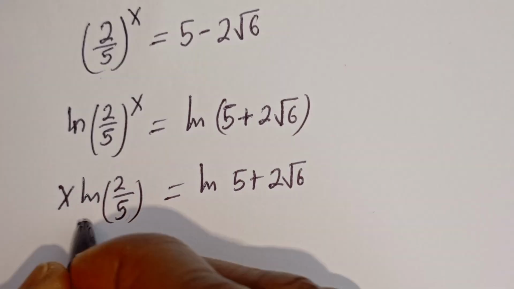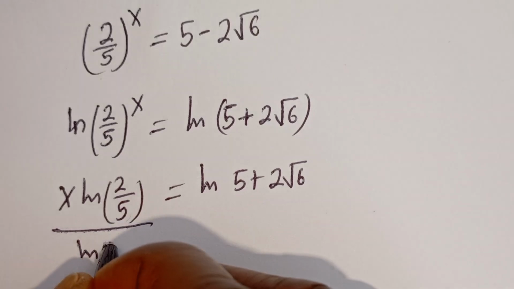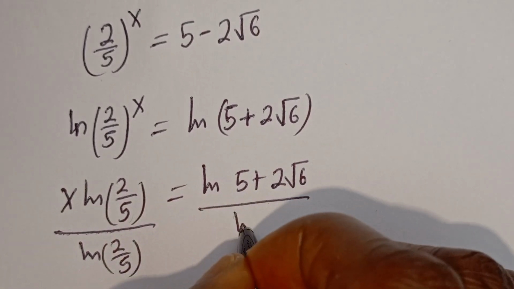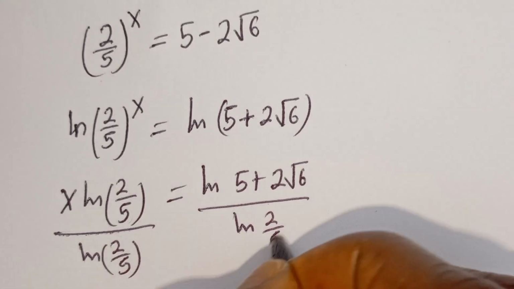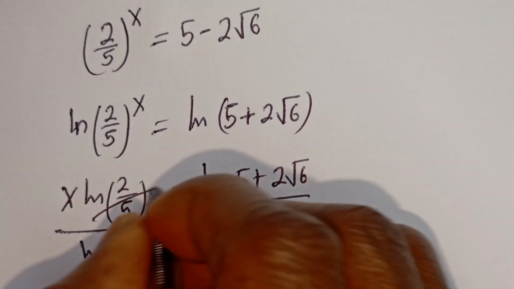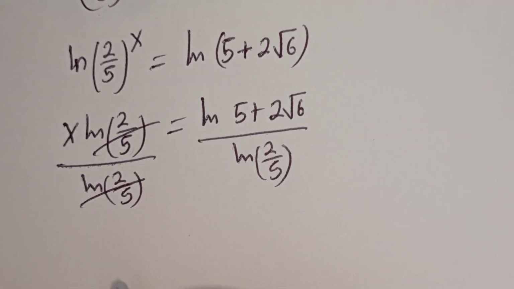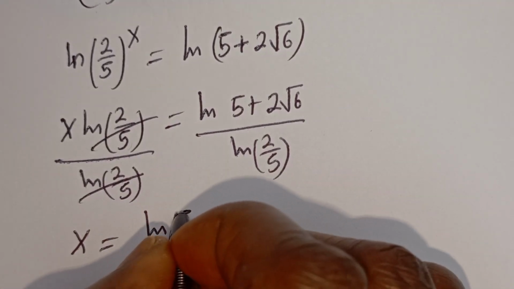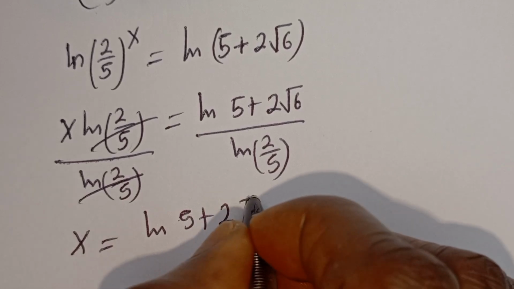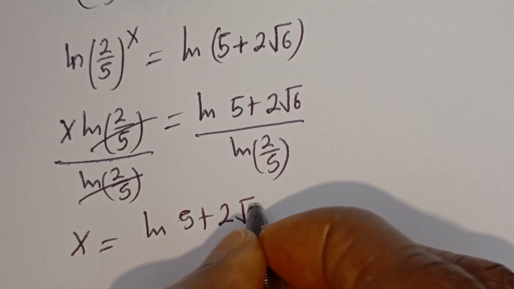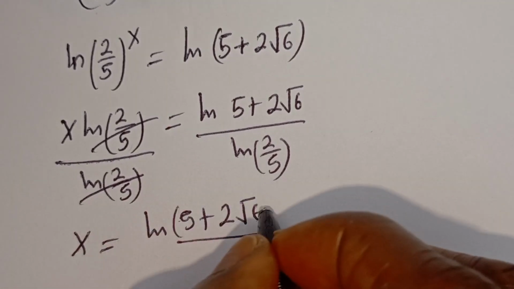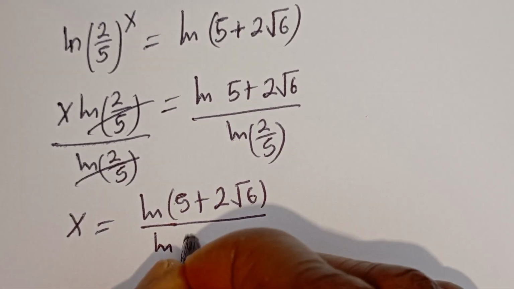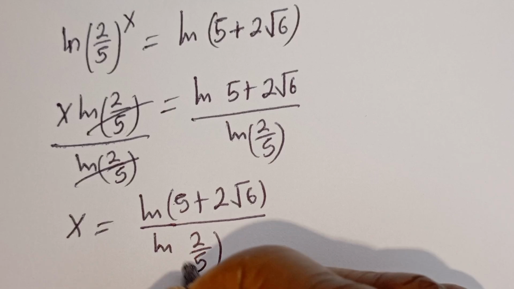Now let's divide both sides by ln of 2 divided by 5. This will cancel this. X is equal to ln of 5 plus 2 root 6 divided by ln of 2 divided by 5.